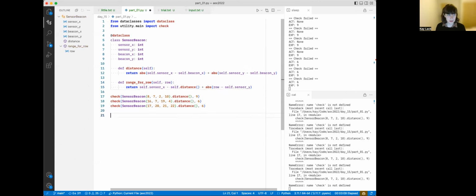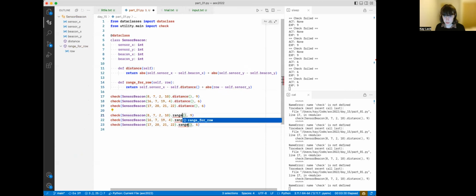Okay, and then if we run a few checks on this, this one's going to be the 4, 15, and 29. It's going to be for row 2.